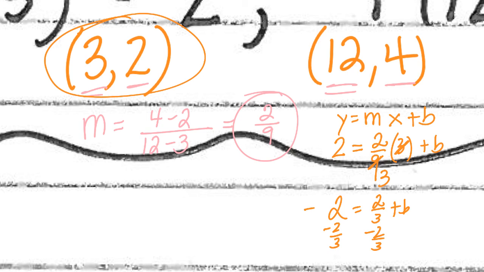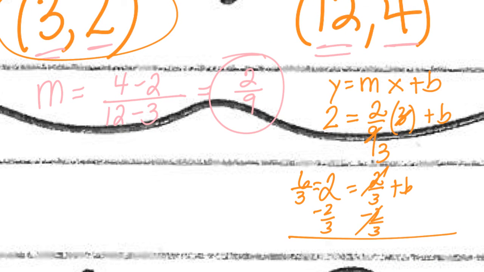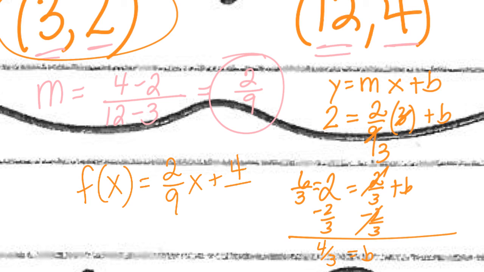How can I write 2 as something over 3? Good. I know that 6 over 3 is the same thing as 2. So now I'm just going to subtract this, and I get 6 minus 2 is 4 over 3. And that's the b. Well, we're not at the answer yet, because remember I have to write this as f of x is equal to my slope, x, plus 4 over 3.